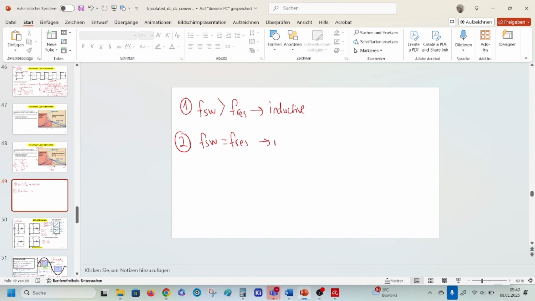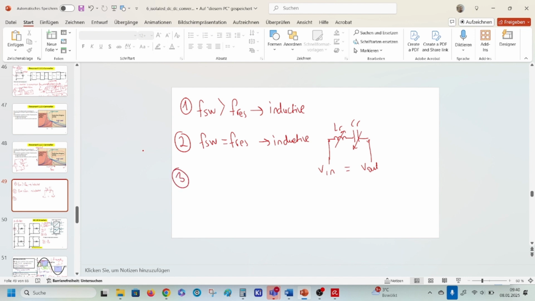This is also inductive because this portion cancels each other. Let's show it like this. And input would be equal to output voltage.